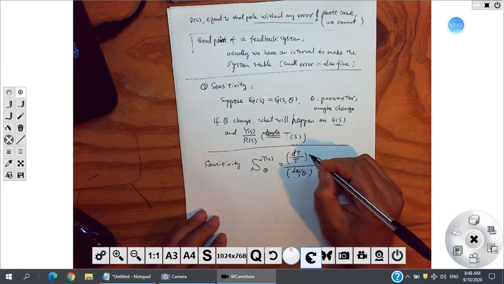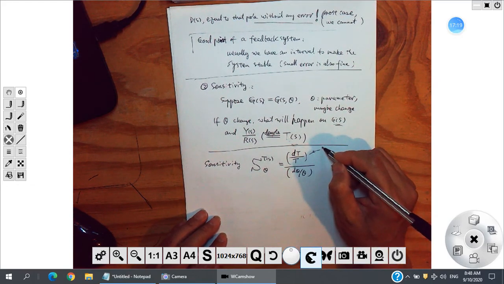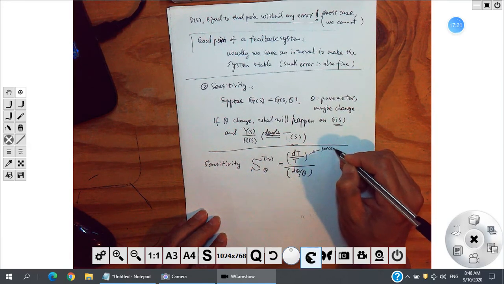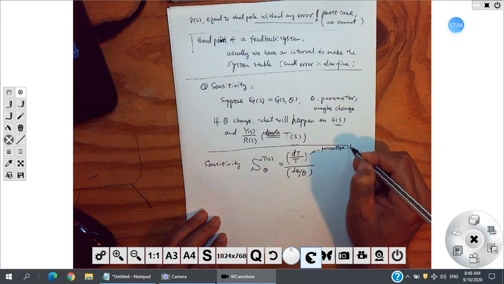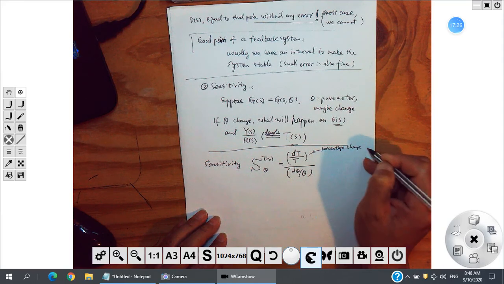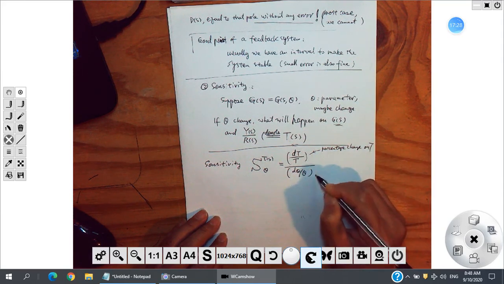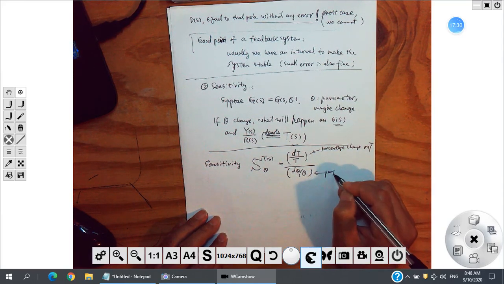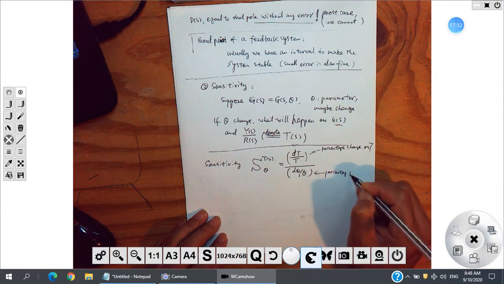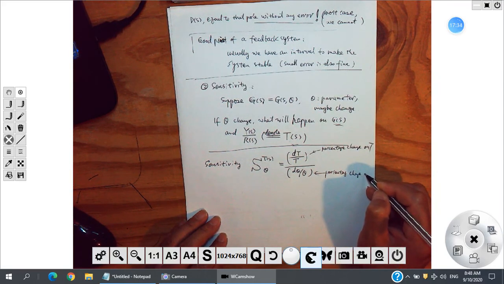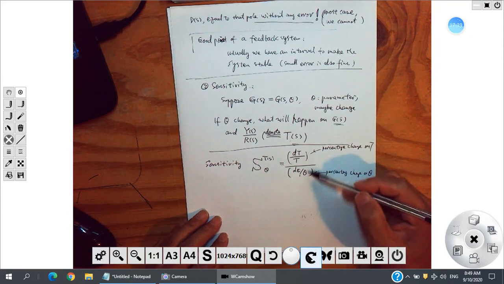This is the percentage change on T over the percentage change on theta, so we check the ratio between them.